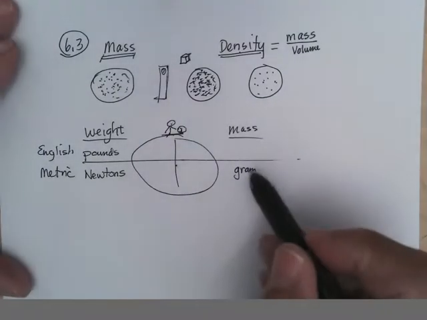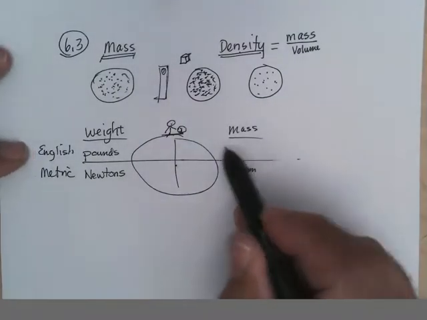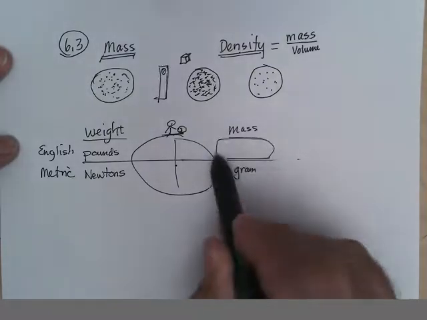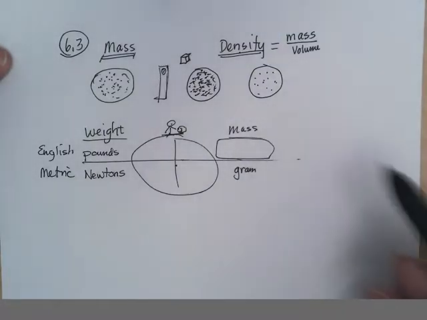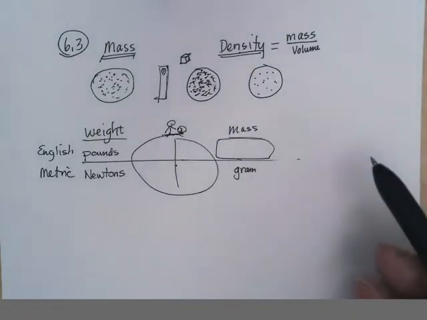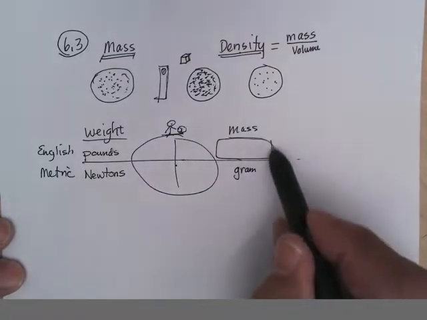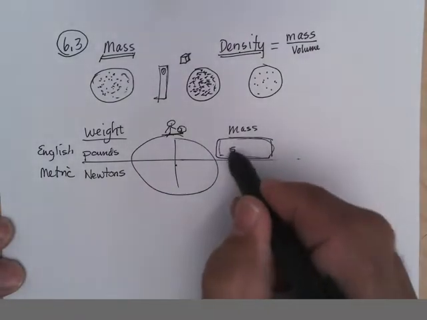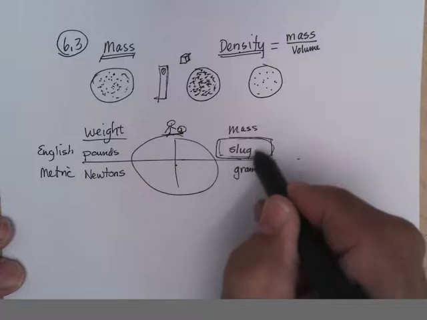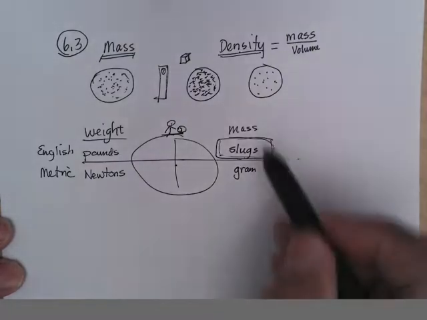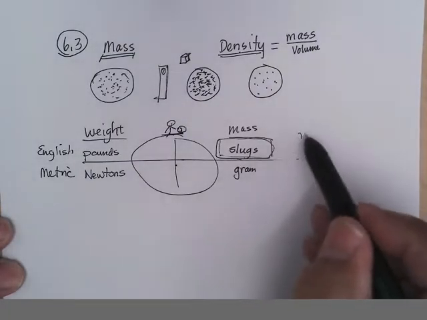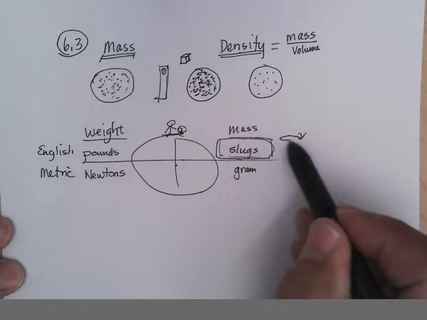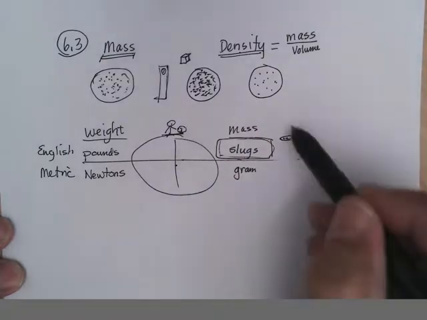In the English system, we who live in America and use the English system and talk about pounds, we don't talk about our mass very much. Our mass could be measured in slugs, and many people, when they hear the word slug, think about that creature that crawls on the ground and is slimy. But that's not the kind of slug we're talking about.